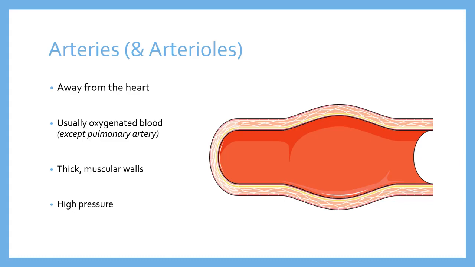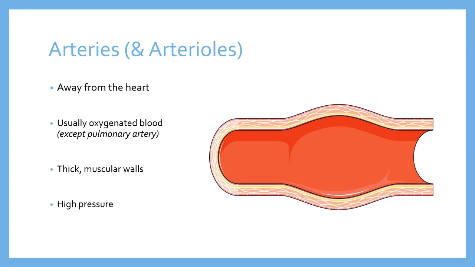It is the most elastic and the thickest of the arteries, because it's got to cope with the massive pressure that's created when the heart contracts to send blood all around the body. So arteries and also arterioles are structured very similarly. They're thick, they've got these muscular walls so that they can cope with the high pressure created by the heart contracting and sending blood flying through these arteries. And as the blood moves through the system, the pressure slowly drops, and that becomes significant in just a moment.